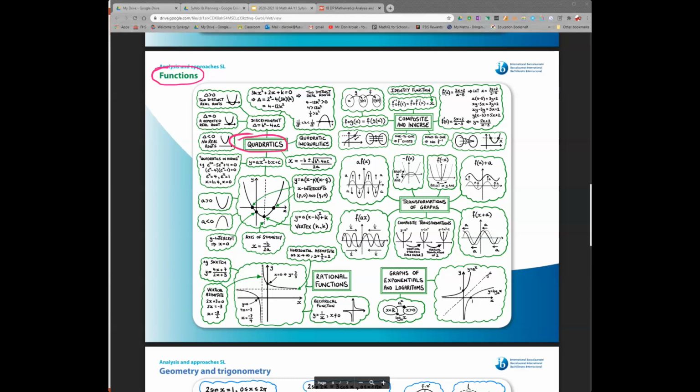Okay, you have functions that are exponential or logarithmic, such as modeling the spread of the coronavirus. You have functions known as rational functions, okay, because the variable is in the denominator of a fraction. Okay, and that's just a few. You have cubic functions, you've got trigonometric functions.